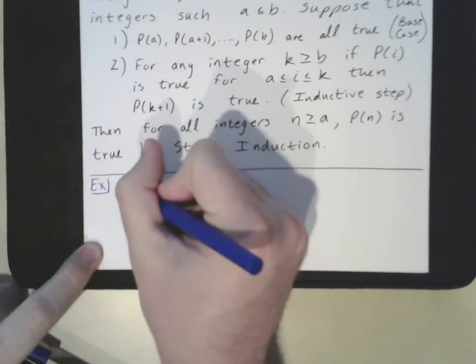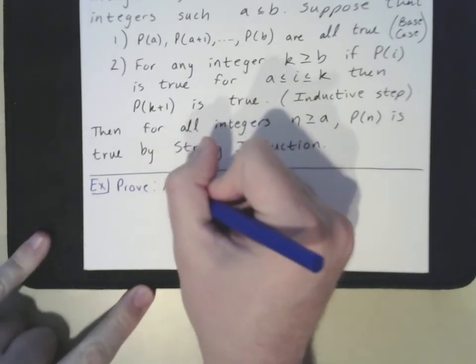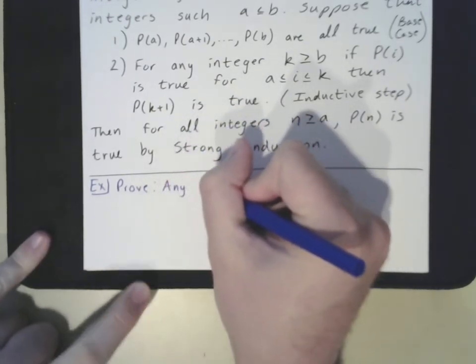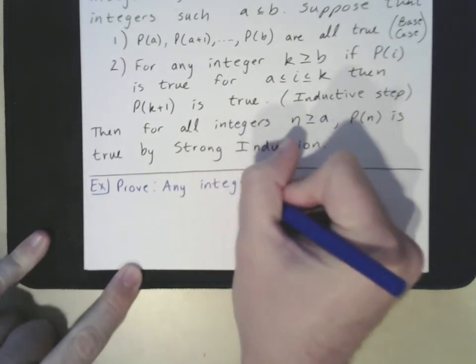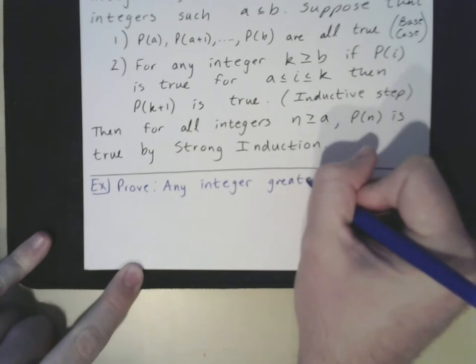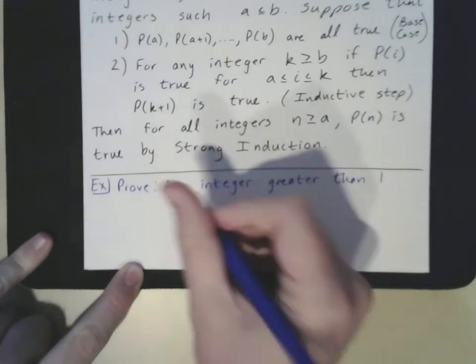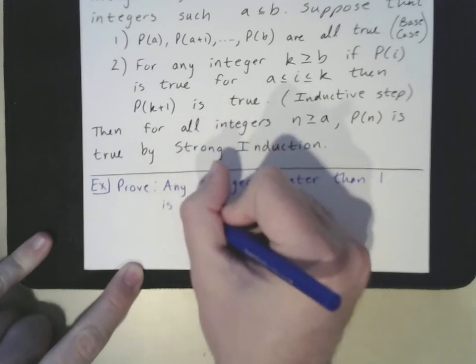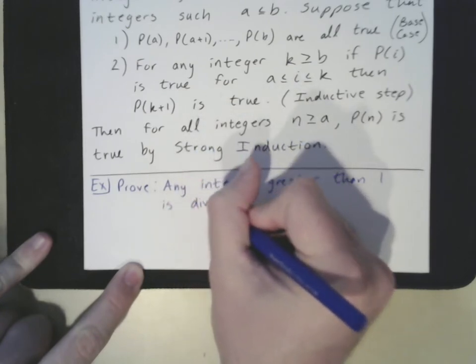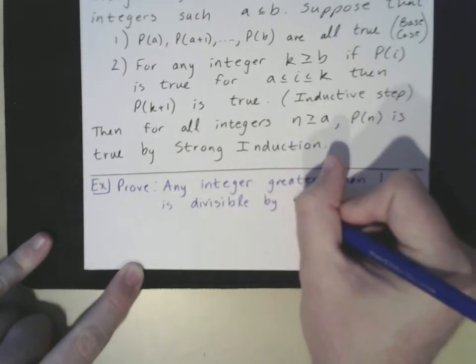So let's prove any integer greater than 1 is divisible by a prime number.